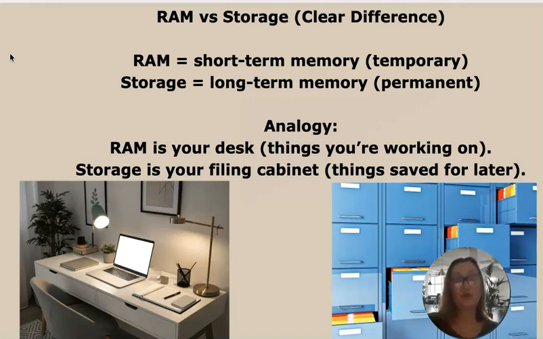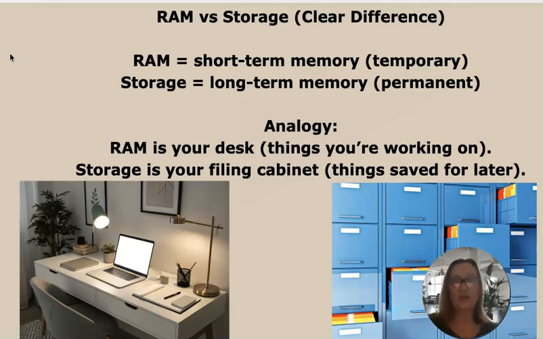And it doesn't matter what computer we're talking about here. It could be your mobile phone, it could be a tablet, could be a desktop, could be a laptop, anything at all. They all work in the same way. They all have some RAM, so temporary memory that's running all the programs that you're using at that time. And they also have permanent storage, which is their long-term memory. So, for example, a hard disk.